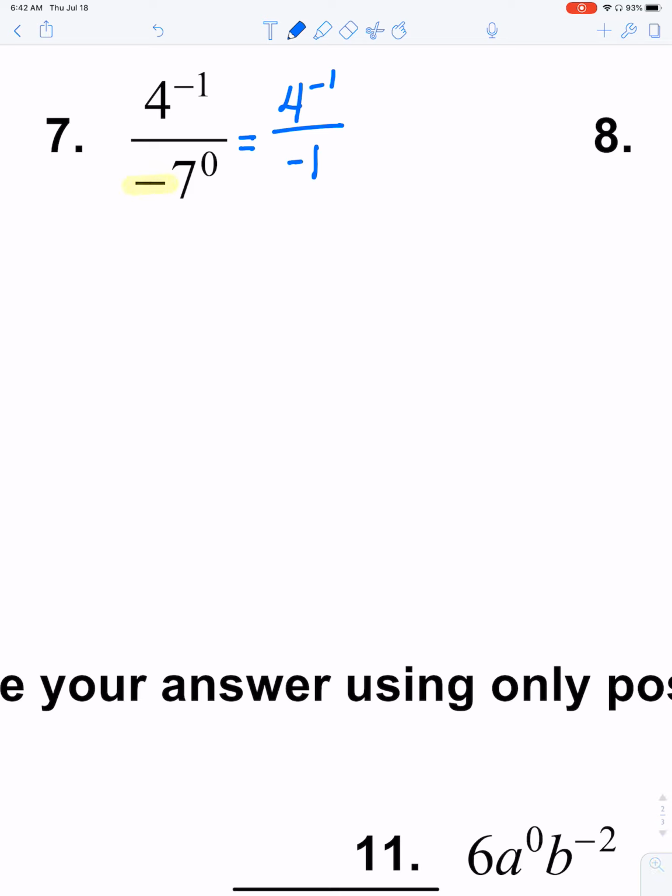So we have to put that negative out in front. Now we need to take care of the 4 to the negative 1 by bringing it down. Can't have a negative exponent in our final answer. So it becomes negative 1 over 4 to the first power, which is just 4. So we can leave our answer in simplest form this way.